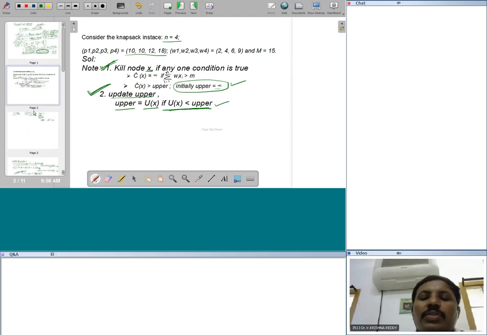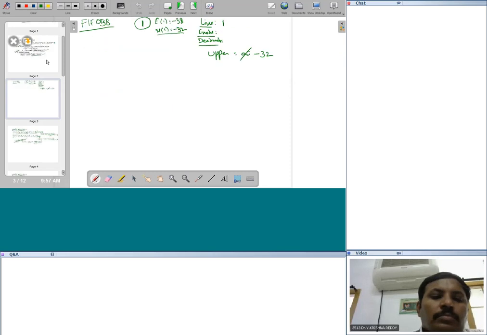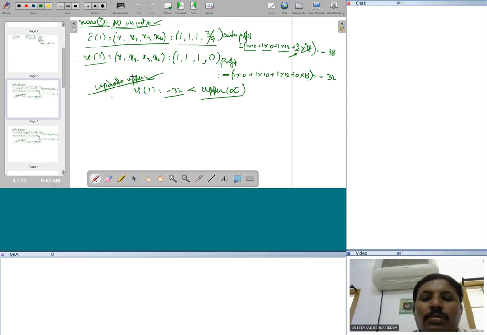What is condition one? If the current C cap value is infinity. What is the current C cap value? C cap of 1 is minus 38. So is C cap of 1, minus 38, equal to infinity? No. So it's not possible to kill on this condition.